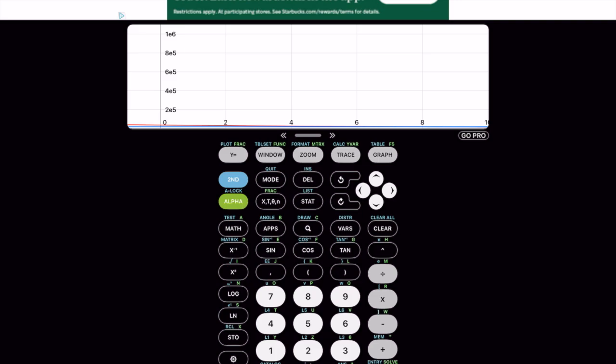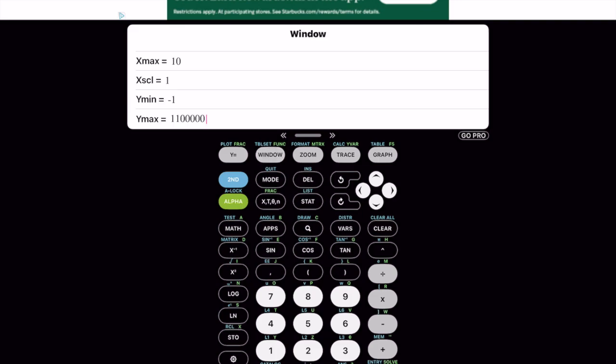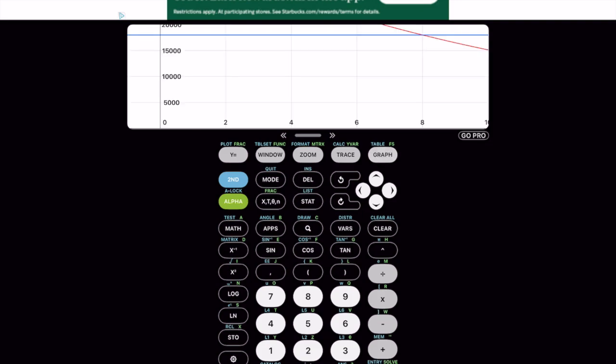It's really hard to see that point of intersection because we went so big. So I'm going to go back to my window and I'm going to change the y max. The y value is 18,000, so I'll just go with 20,000. And then that's better. If you want, you could make it bigger, you can make it lower, but I'm just going to go right there.